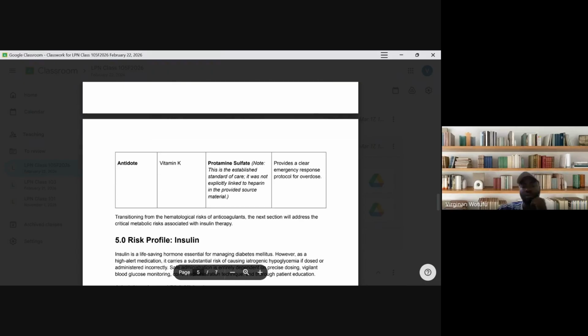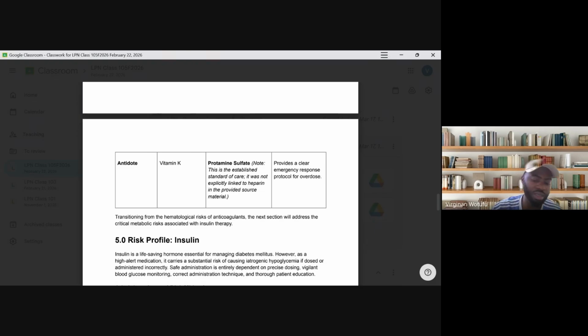Another high-risk medication that requires monitoring during administration is insulin. Insulin, like we all know, is given to correct the error of glucose metabolism. That's diabetes, right?